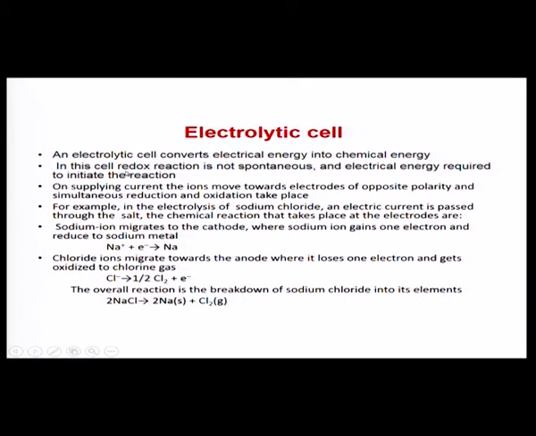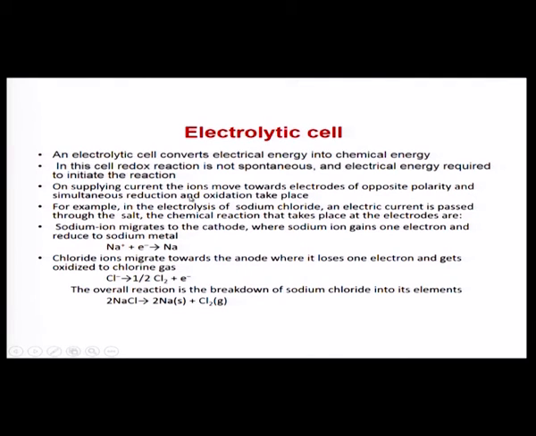Whereas here, we have to supply electrical energy to drive or initiate the reaction. Externally we have to provide electrical energy to the cell consisting of electrolytes with the anode and cathode. To run it, we have to supply energy.